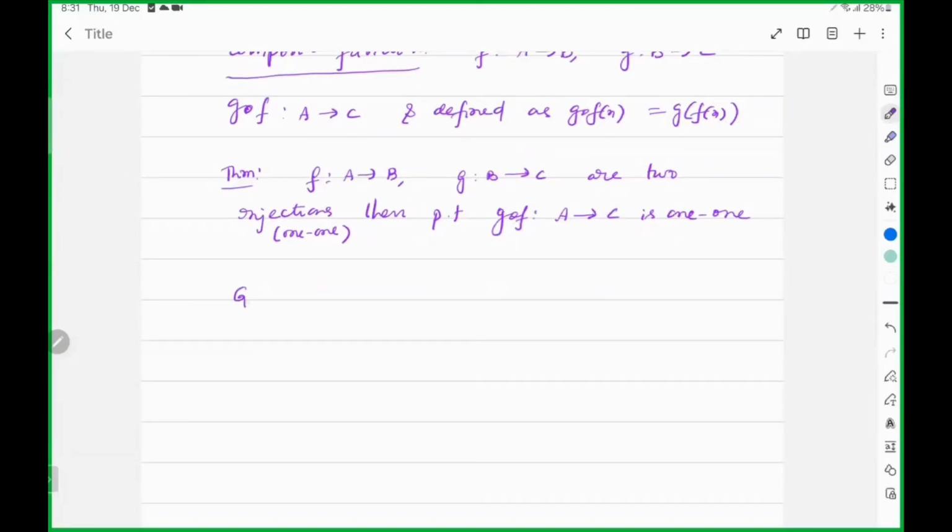Whenever you are proving a theorem, you should write what is given. These are two 1-1 functions.